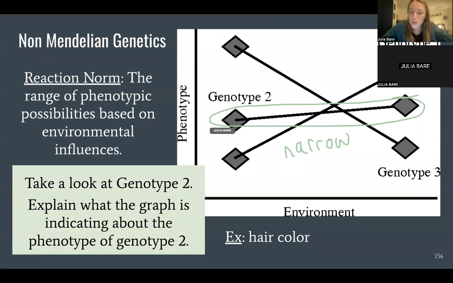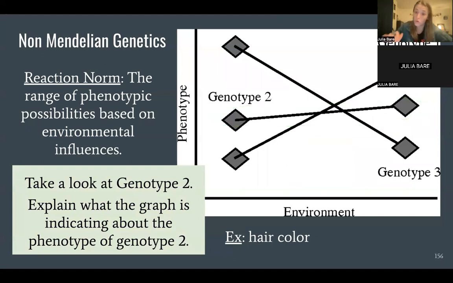And this is because genotype number 2 does not show a lot of variation depending on the environment. This would be something like eye color, right? Eye color doesn't tend to change a lot depending on the environmental influences. And so you would say it has a narrow norm of reaction.